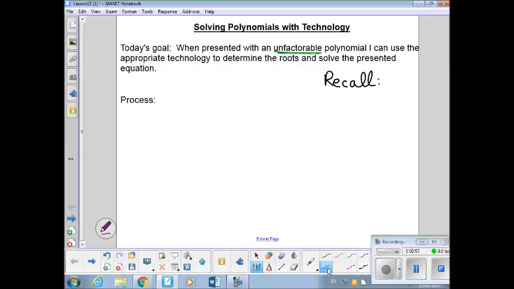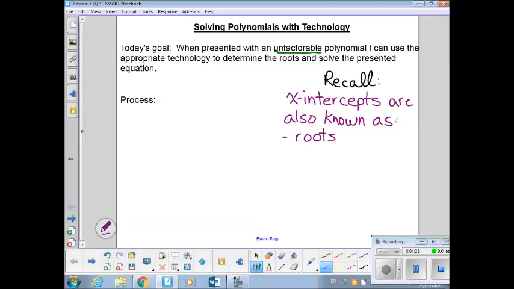And what we're recalling is when we're talking about x-intercepts, they're also known as a group of different things. Sometimes they're called the roots of an equation. Sometimes they're called the solution.